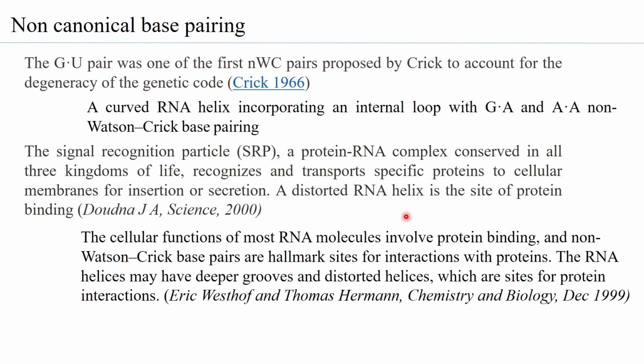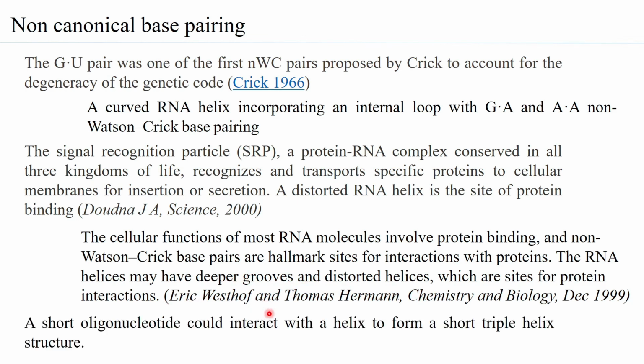Now the other important facet is that the cellular functions of most RNA molecules, whether it is protein binding or non-Watson and Crick base pairs, like I mentioned, are the sites where the proteins come and bind. So the RNA helices seem to have a deeper groove and more distorted helices, and therefore these deeper grooves are sites where the proteins can come and interact.